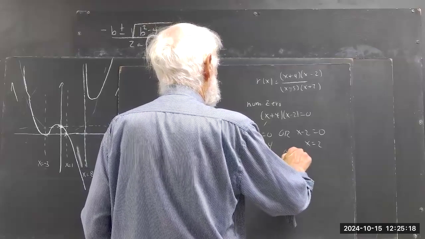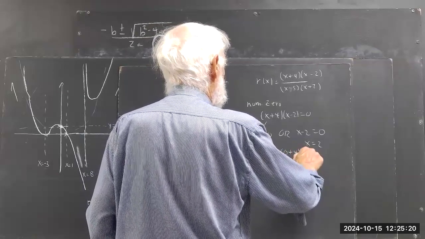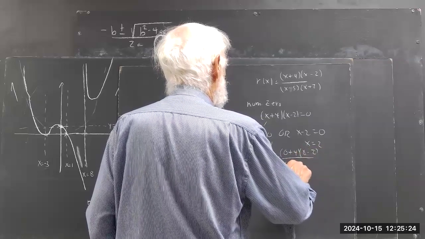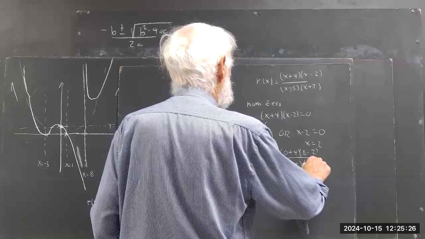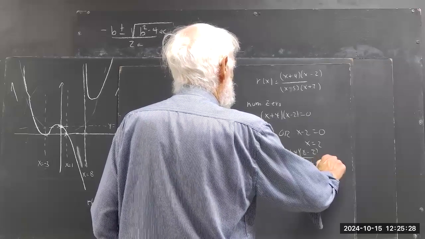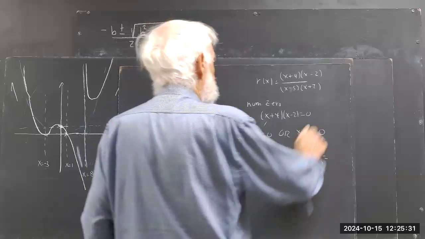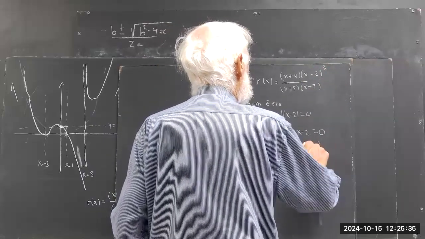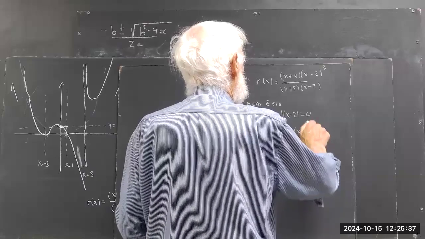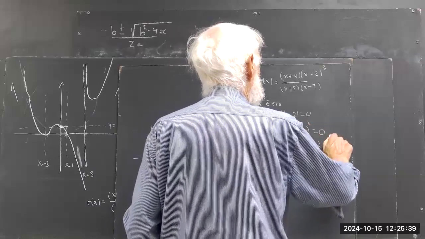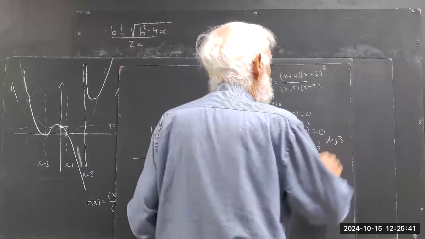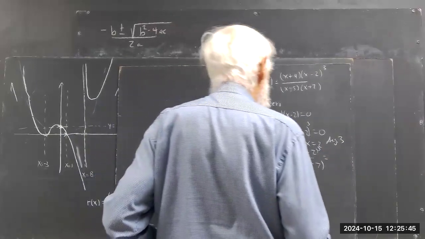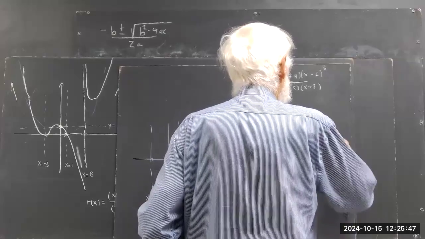You get 0 plus 4 times 0 minus 2 over 0 minus 5 times 0 plus 7. And that equals, and oh, this was cubed, incidentally, cubed. So the fact that it's x minus 2 cubed equals 0 means you have degree 3, or multiplicity 3.